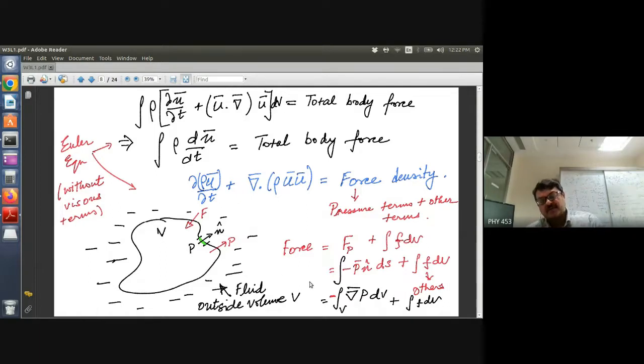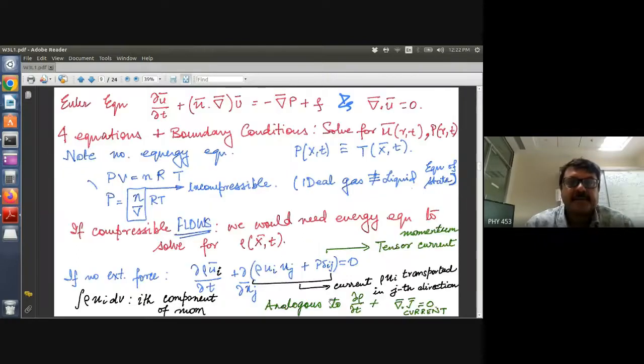Hence, you have a minus p sign, and this is the body force. And this surface integral, if you convert it into a volume integral by Gauss's divergence theorem, then you get grad p, a derivative, and the minus sign remains.